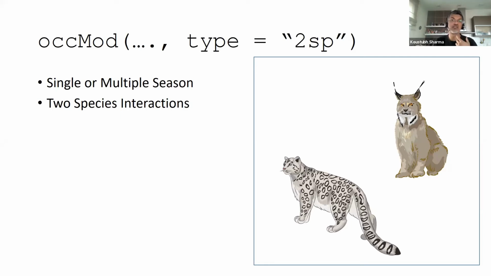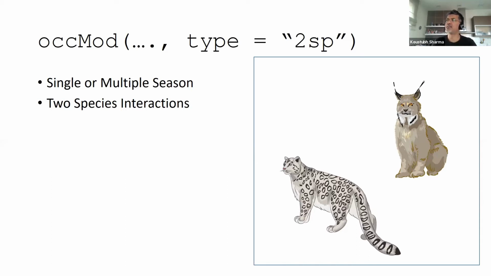Now, in some situations, maybe it is a possibility. In other situations, if it is not, you might need to look at two species interactions. In this case, the snow leopard and lynx might be competing with each other. So you can explore cooperation, competition, and other such relationships with these two species models as well. And it allows some fascinating insight into the niche separation and niche overlap between species.